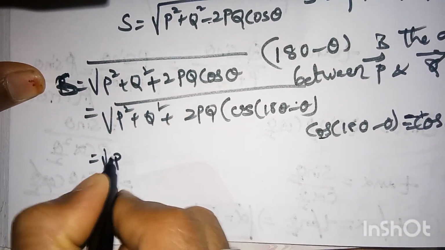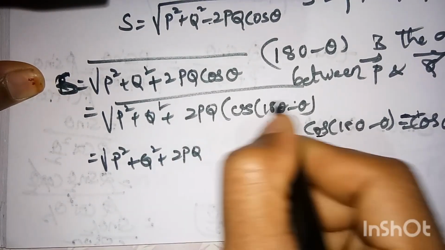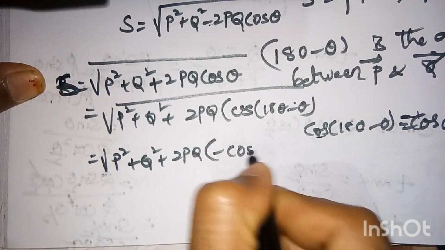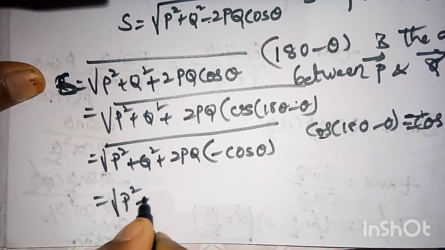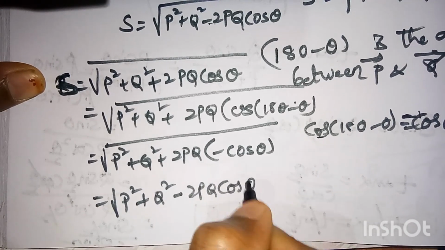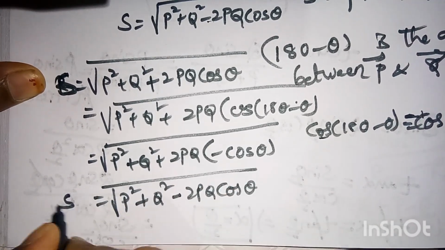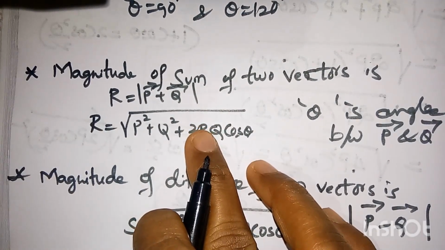So you will get p square plus q square minus 2pq cos theta. So this is the magnitude of the difference of two vectors, and this is the magnitude of the sum of two vectors.